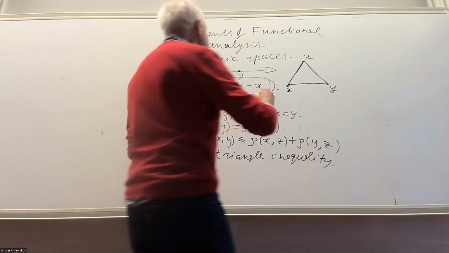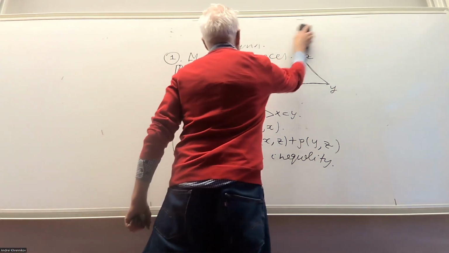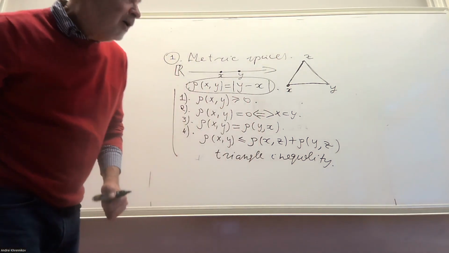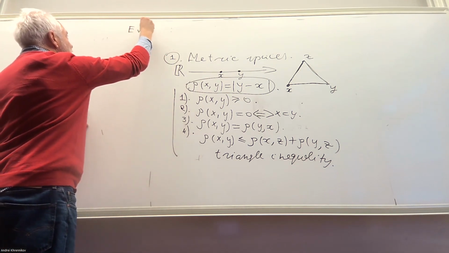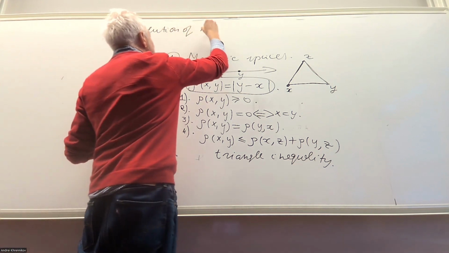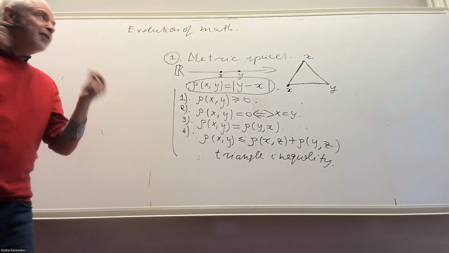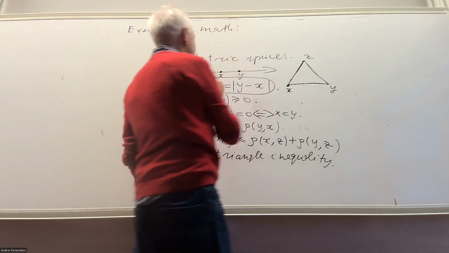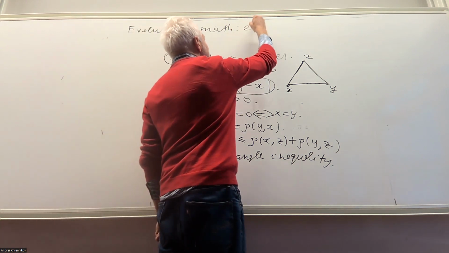So what is the evolution of mathematics? First, a simple example. What can be more simple? Real line and absolute value.